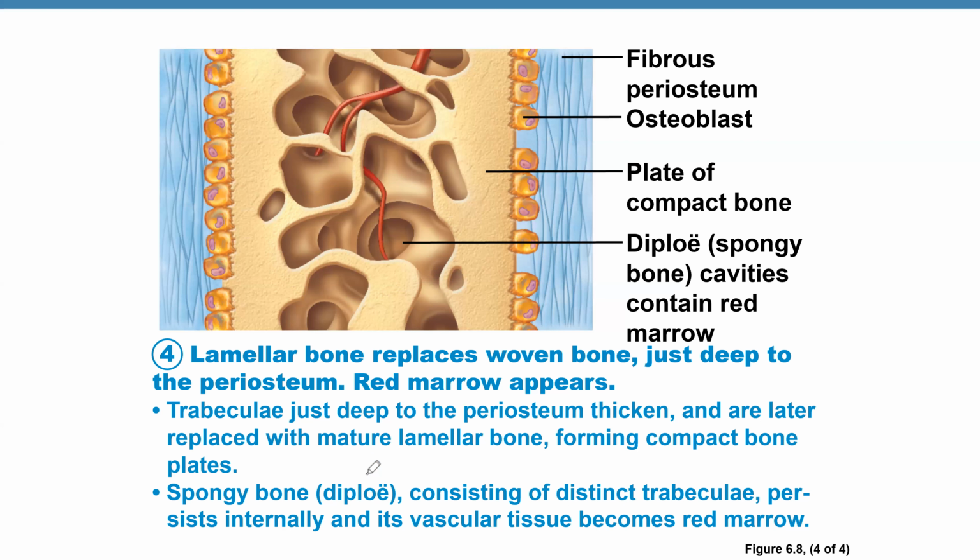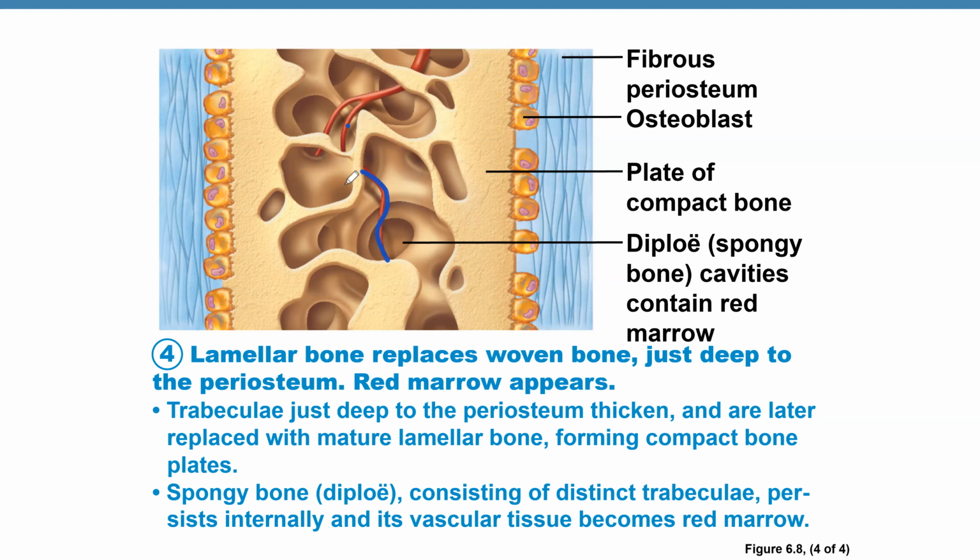All right, let's review what we covered. We started with the ossification center and formed woven bone. But then osteoblasts on the surface change the pattern of deposition of this matrix. Now they start producing lamellae, so they start producing compact bone, and we end up with spongy bone inside, with those cavities and vascular blood vessels.